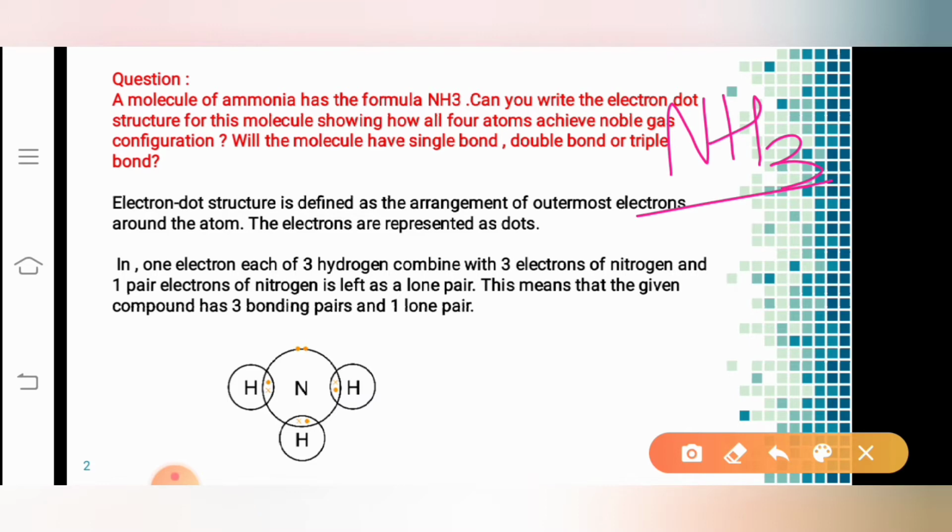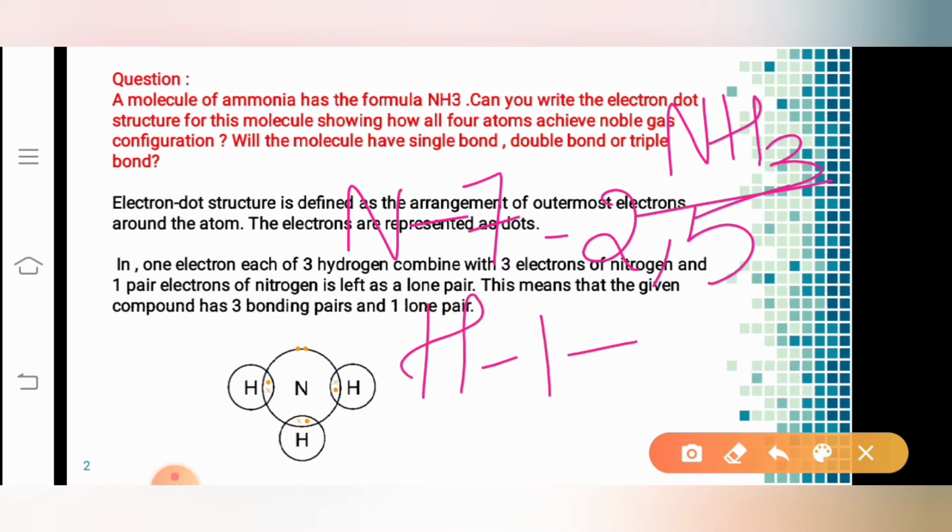The first step is to identify their atomic number. The atomic number of nitrogen is 7 and its electronic configuration is 2, 5, correct? And the atomic number of hydrogen is 1 and its electronic configuration is also 1.